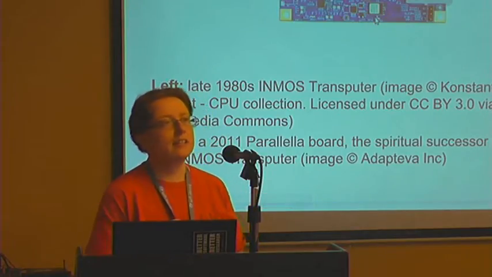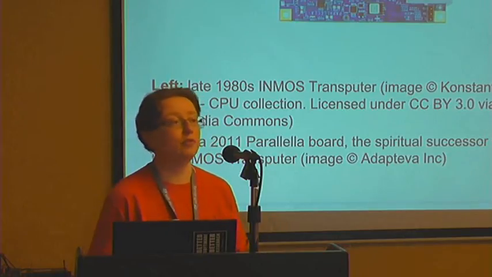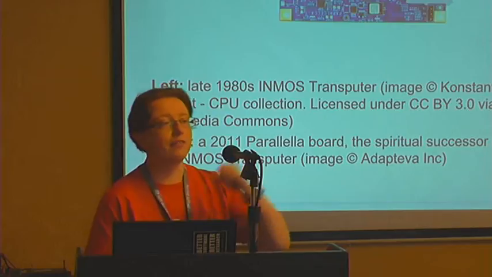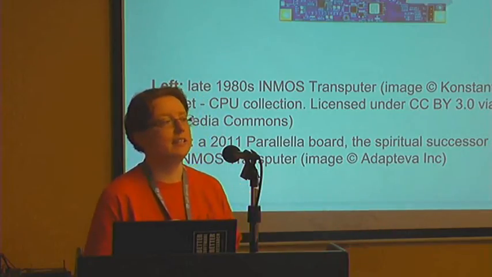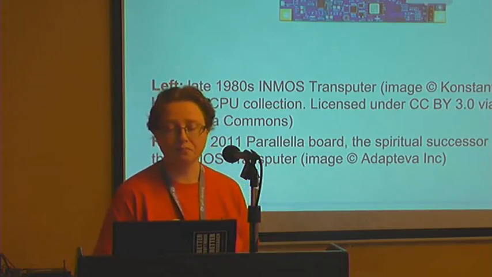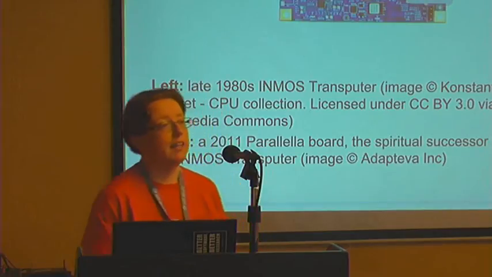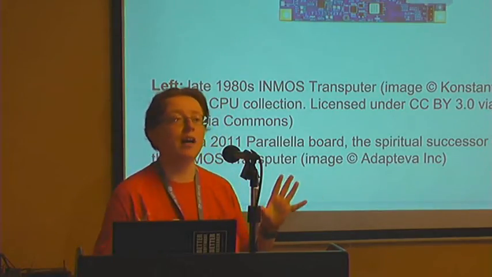And that CPU runs your operating system and all your other stuff, and it just shuffles data and program out to the Epiphany to get it to execute lots of things that will work well in parallel. So if you were to write a program for this system, you would write two parts of a program.